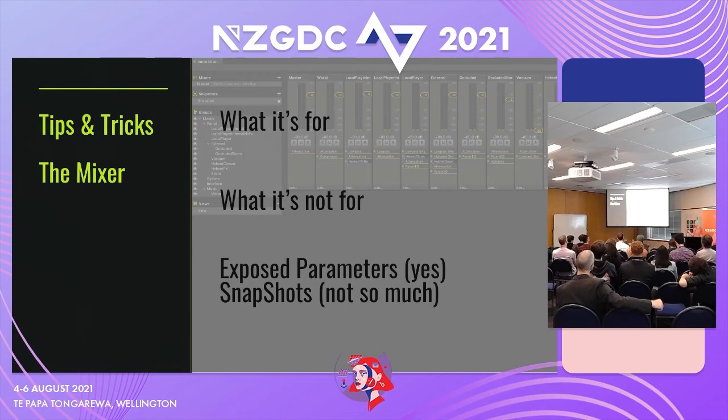Snapshots, I don't like them because you can be playing around with the mixer and accidentally break a snapshot, not realize you did it, and commit it. There doesn't seem to be a clear way of managing them. I guess they're quite fragile and quite broad. You could maybe use them in a very limited sense, but I don't know if they play very well with exposed parameters either. So you kind of got to pick one or the other.